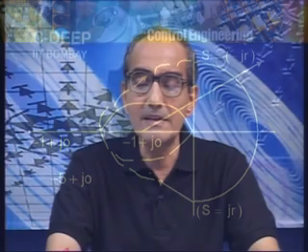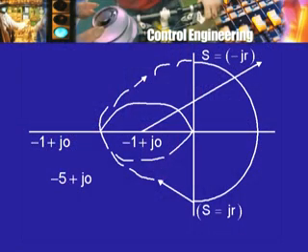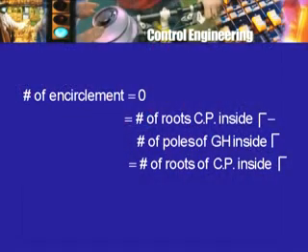So, let us assume that the gain k that we have chosen and the parameters of the system are such that this is the image of the Nyquist contour, this is our gamma prime, and the numerical values are such that the point minus 1 plus j 0 is out here. In this case now, what is the number of encirclements by gamma prime of this point minus 1 plus j 0? It is 0. So, the number of encirclements is 0.